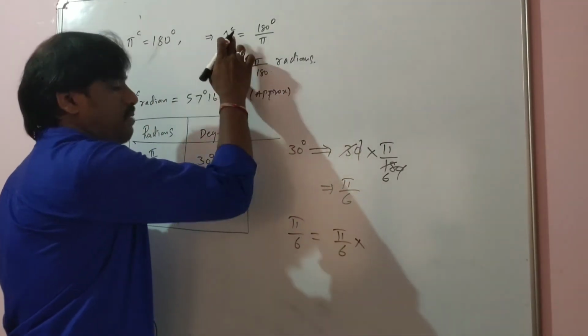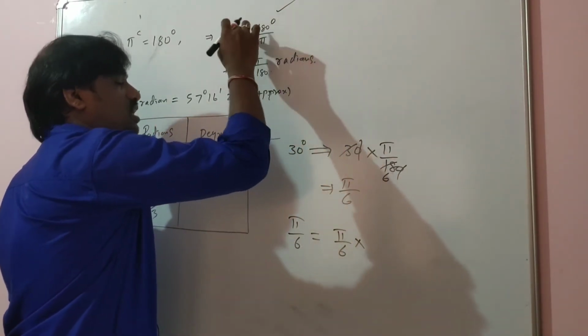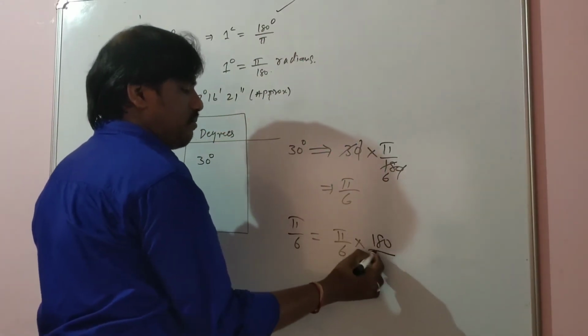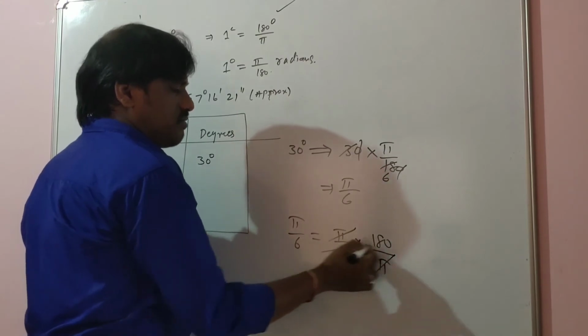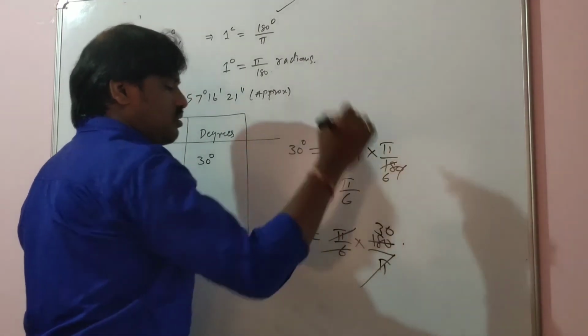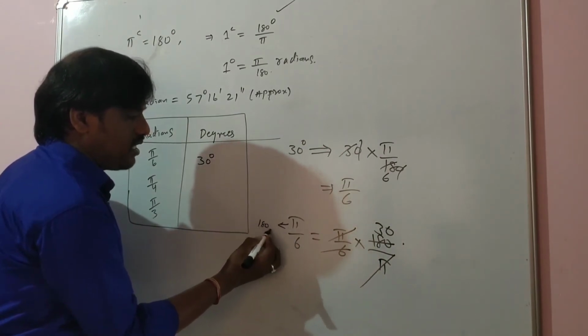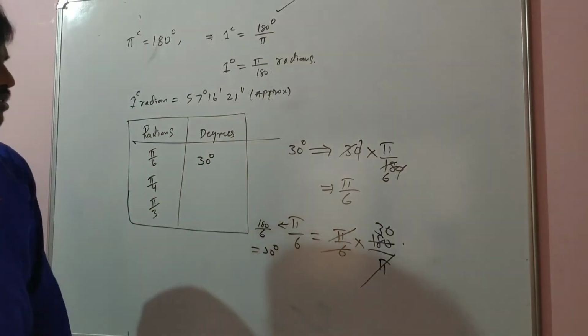Pi gets cancelled, 6 thirties are 180, so 30 degrees. Just a simple thing: in the place of pi, substitute 180 degrees, 180 by 6 is equal to 30 degrees. So this is the way.